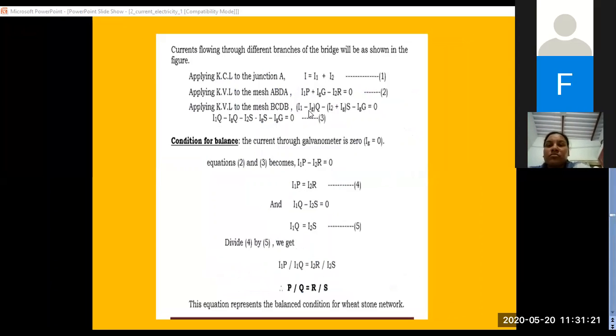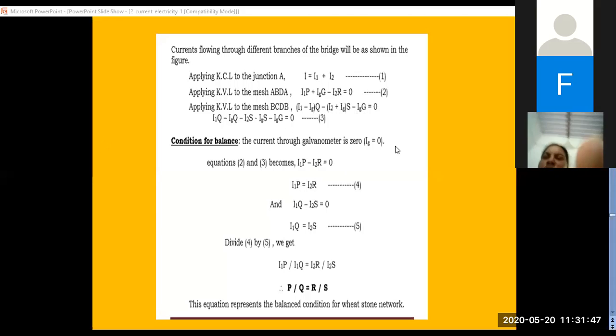So (I1 minus IG) into Q minus (I2 plus IG) into S minus IG into G should be equal to 0. I can multiply this inside: I1 into Q minus IG into Q minus I2 into S plus IG into S minus IG into G will be equal to 0. Multiply Q with these two terms, multiply S with these two terms.